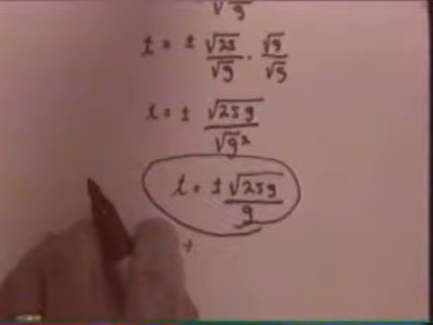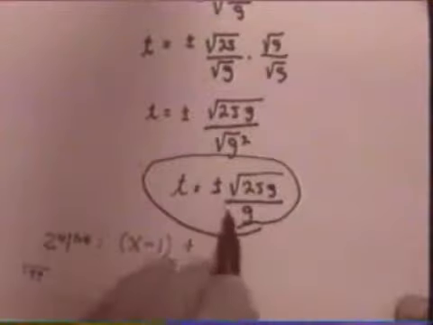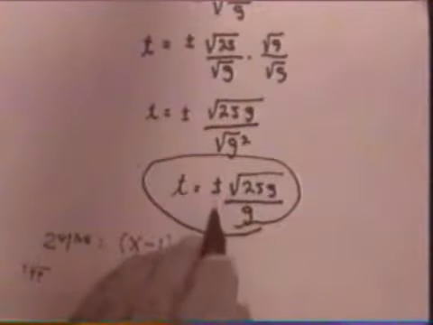Now you could break it down and put t is positive the square root of 2sg over g, or t is the negative square root of 2sg over g, or you can leave it this way with the plus or minus symbol.